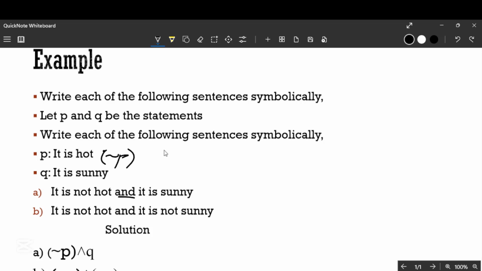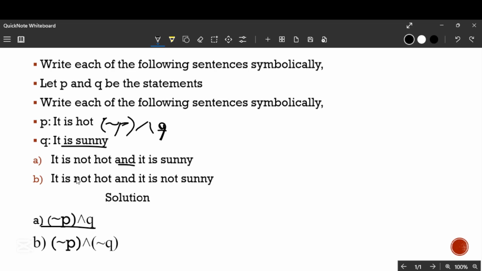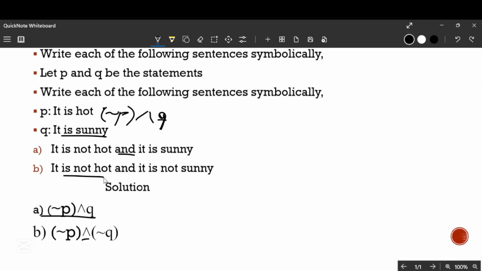And is a conjunction. It is sunny is Q. Then, it is not hot and it is not sunny: it is not hot is negation of P, and is conjunction, and it is not sunny is negation of Q.